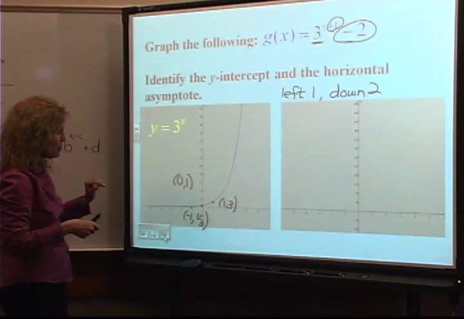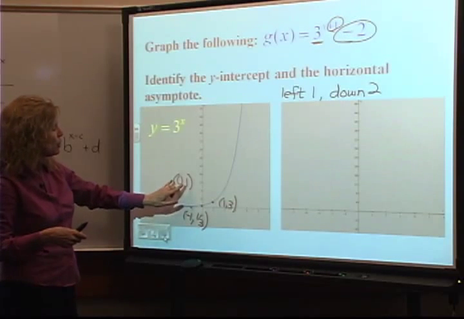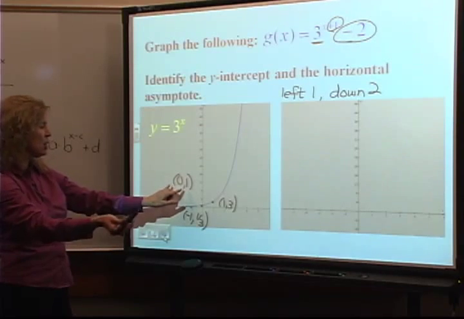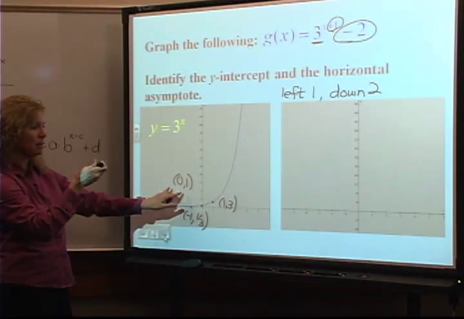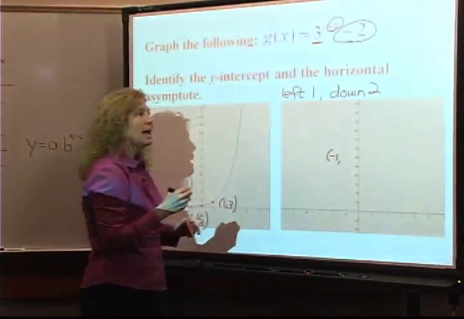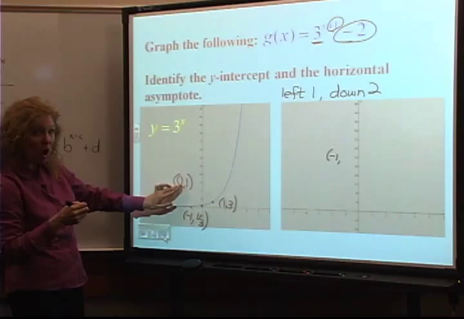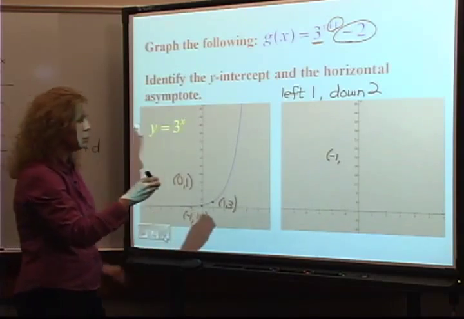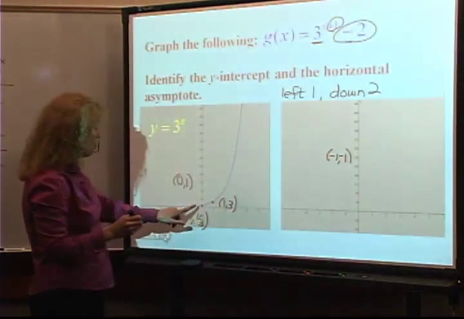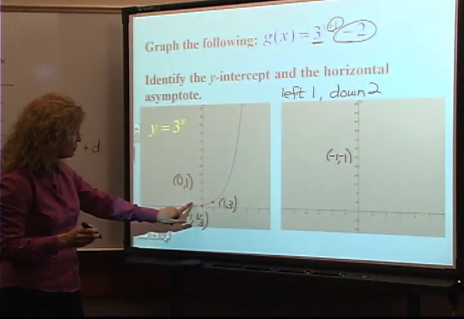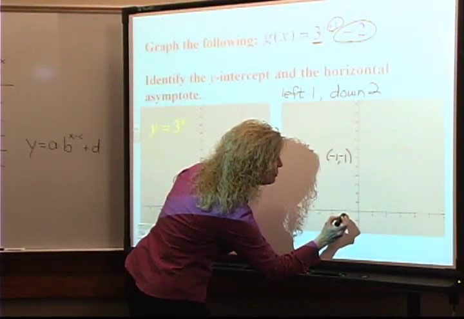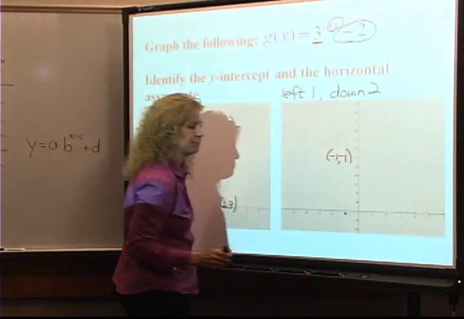Let's start with the 0, 1. If I'm at 0, 1 and I go left 1, I end up at negative 1. And it's at 1, and then I go down 2, it would be at negative 1. So this point right here goes left 1 and down 2. He's sitting at negative 1, negative 1.